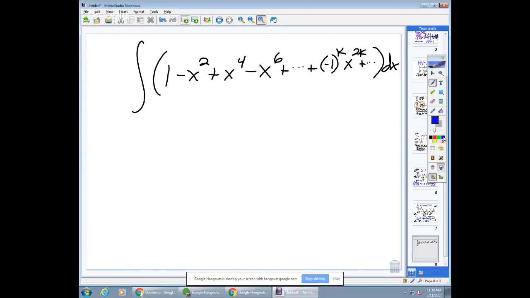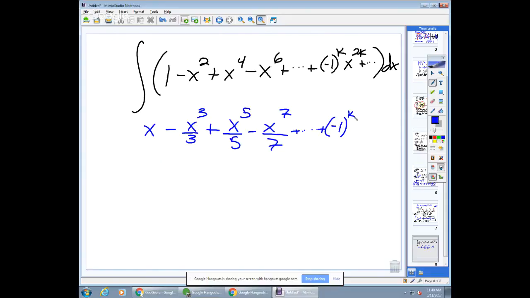All right, antiderivative for 1. Oh, we were using u's over there. I switched to x's. Oh well, we're sticking with x's now. So that would just be x, right? And then minus, integral increases the power of a polynomial, so that's going to be x cubed over 3, plus x to the 5th over 5, minus x to the 7th over 7, la, la, la, all the way over to negative 1 to the k.